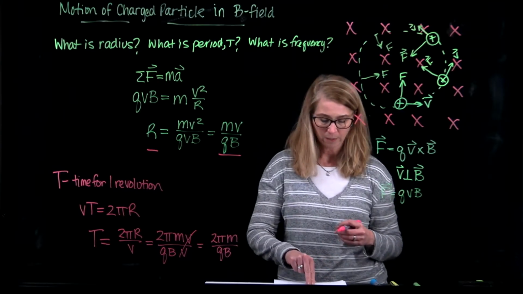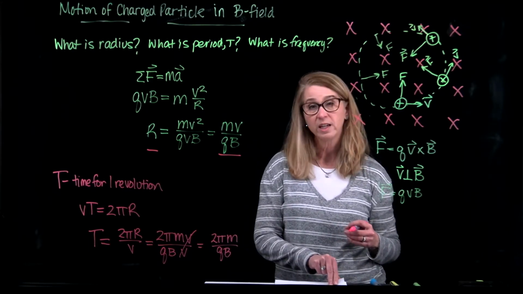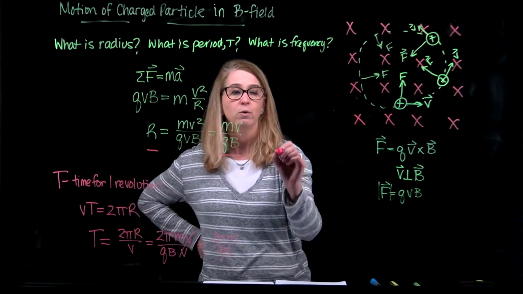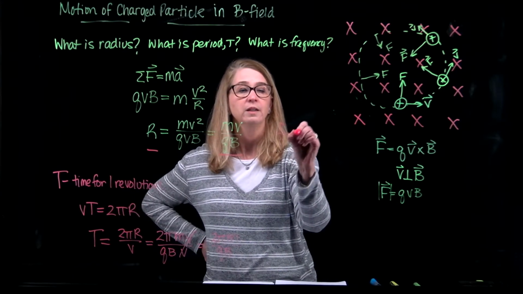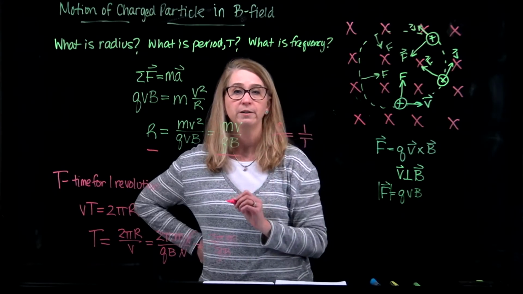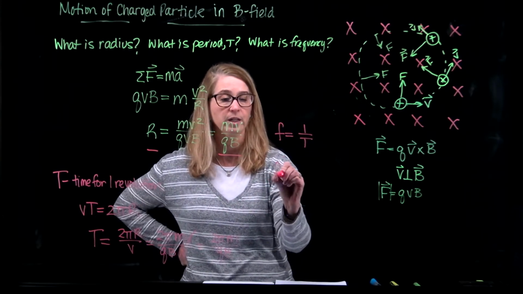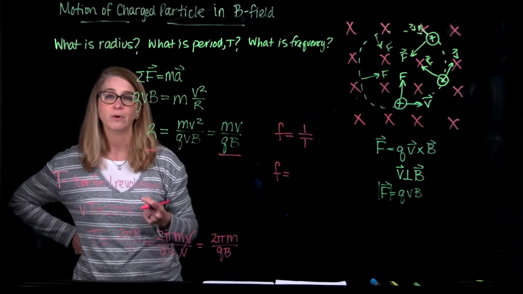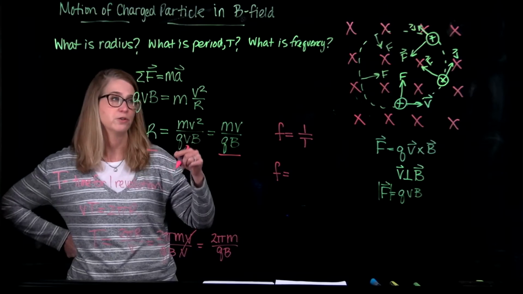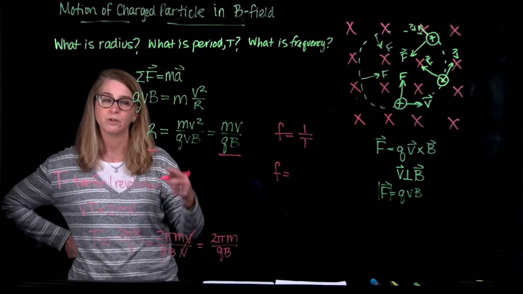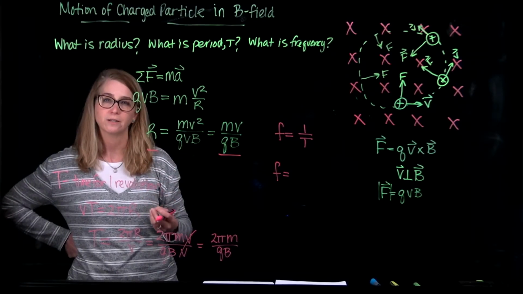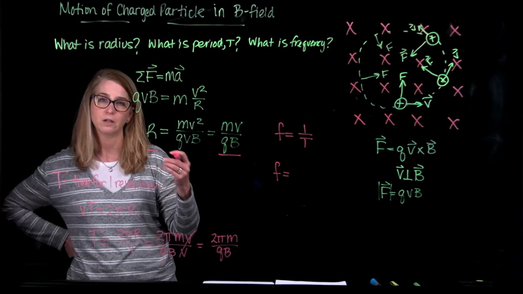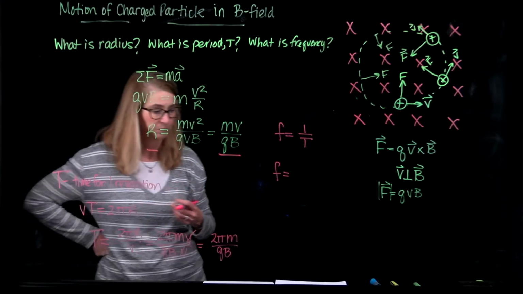Finally, sometimes we want to know the frequency of the motion. The frequency, of course, is just the inverse of the period. And so the frequency, which remember what the frequency represents, is the number of complete oscillations or the number of complete circles it will complete in a second. Remember, the units of frequency are numbers per second.